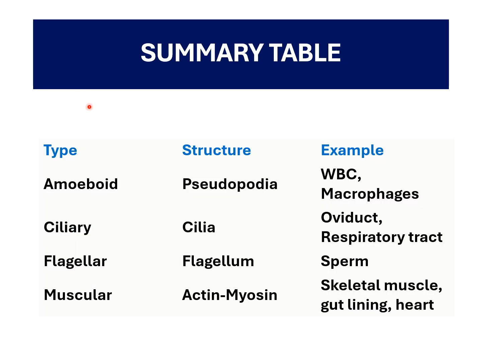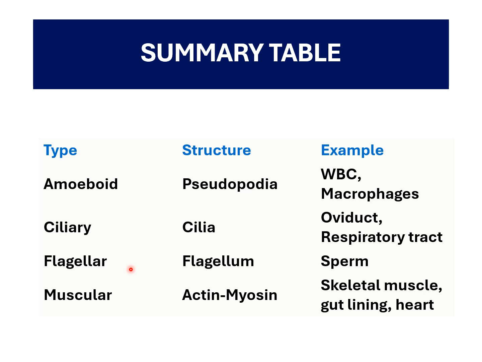So to summarize, in case of humans, we can see 4 different types of movement. Amoeboid movement uses the pseudopodia structure and it is seen in white blood cells as well as macrophages. Ciliary movement uses cilia and it is seen in oviduct to move eggs and in respiratory tract to move the foreign substances.